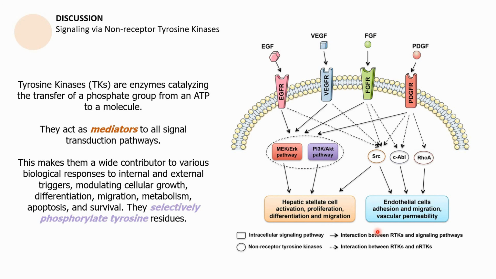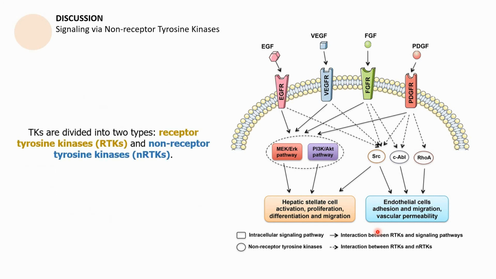This makes them a wide contributor to various biological responses to internal and external triggers, modulating cellular growth, differentiation, or the turning of a cell into a specific kind of cell, migration, metabolism, apoptosis, or cell death, and survival. They selectively phosphorylate tyrosine residues. So when there is a residue and it's tyrosine, they can phosphorylate that.